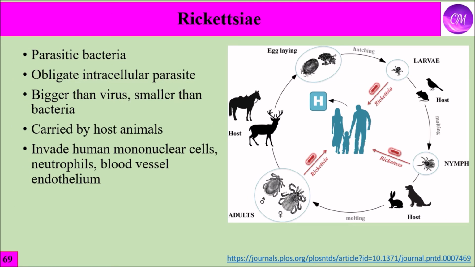Now we move on to another type of infectious diseases, the rickettsioses. Rickettsiae are parasitic bacteria, obligate intracellular parasites, bigger than viruses, smaller than bacteria, carried by host animals, and invade the human mononuclear cells, neutrophils, blood cells, and endothelium.